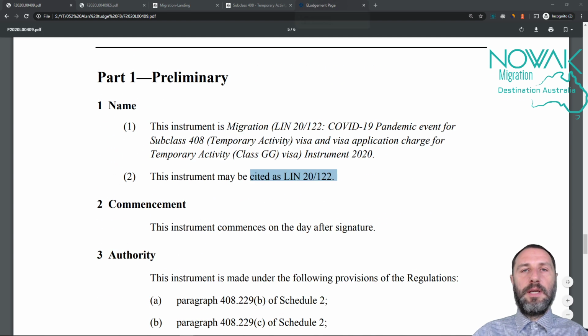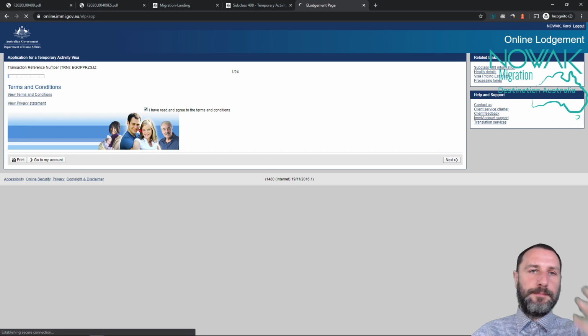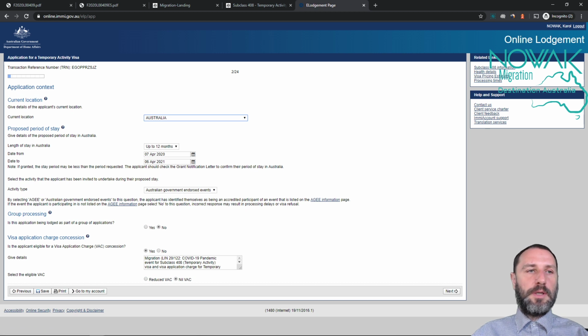And what about the application? You go to your email account, you choose the 408 visa, and then let's go to the application. You must be in Australia to be eligible for this one. Then for how long, whether it's going to be 3, 6, 12, or over 12 months, we don't know how long it's going to take.